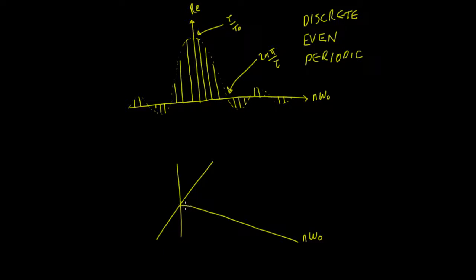Again it goes into the negative side as well, and that there is our real axis. Now we've got another axis there, which is our imaginary axis. So this here is the complex plane, and it's extended out along the n omega axis.